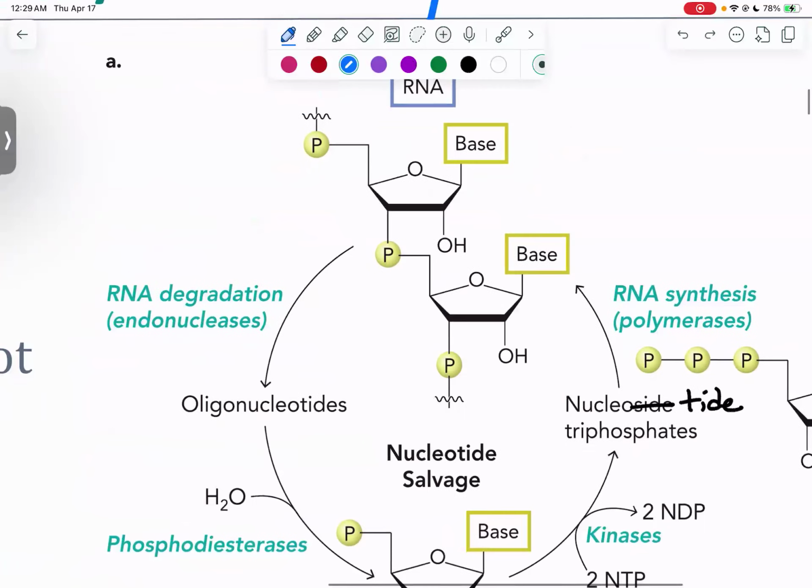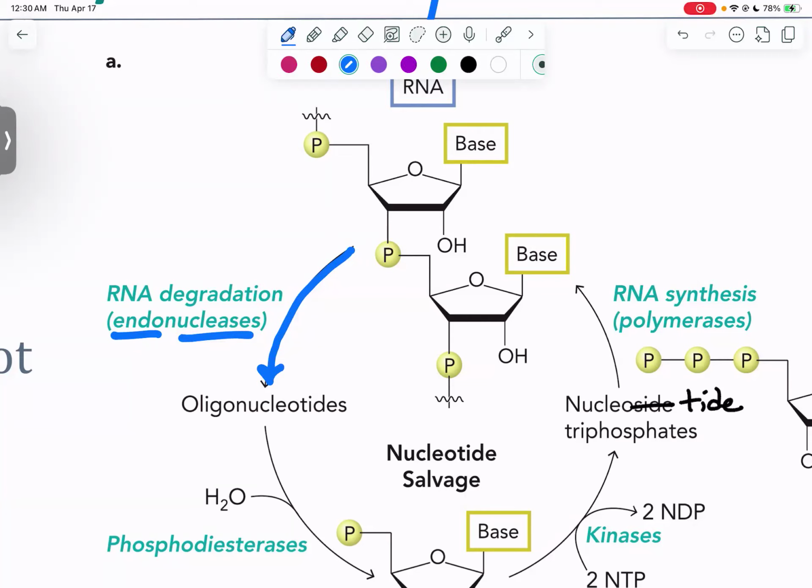Okay, so if we want to take this RNA and break it down, what kind of enzymes break down nucleic acids? They are endonucleases. Endo meaning you have this long chain and you have to cut it up from the inside. You're not going to cut from the outside of the strand. You're going to cut from the inside. So that's an endonuclease. And what are you going to get out of that?